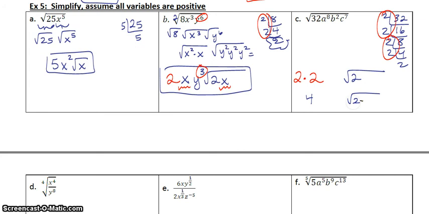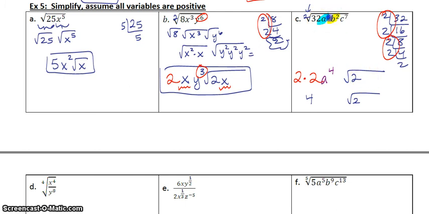So let's use that shortcut and I'll say more. So again, the index right now is 2. So I'll look at my a to the 8th first. Here's what I'm doing. 8 divided by 2 is 4, so that's my outside exponent. And then there's a remainder of 0 when I do 8 divided by 2, so there's nothing underneath.